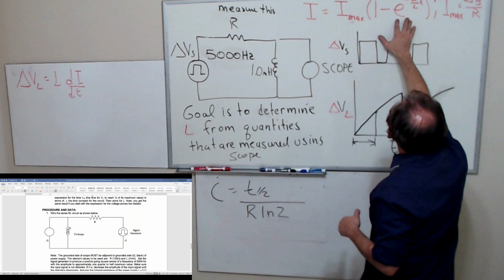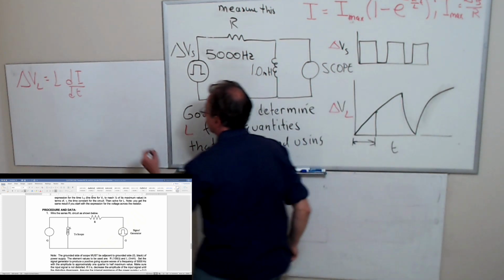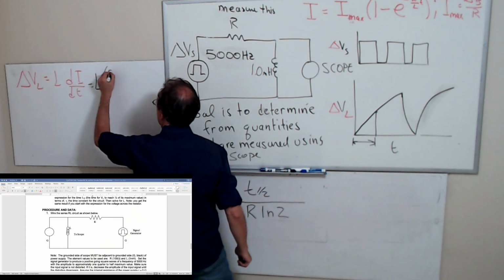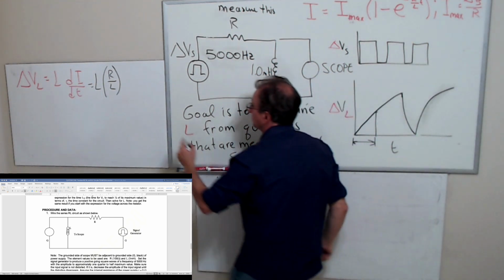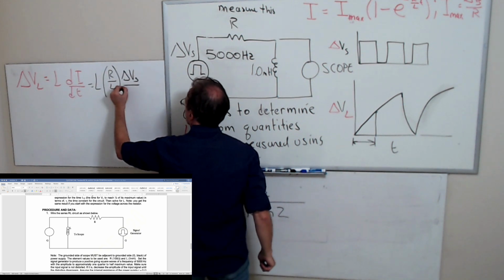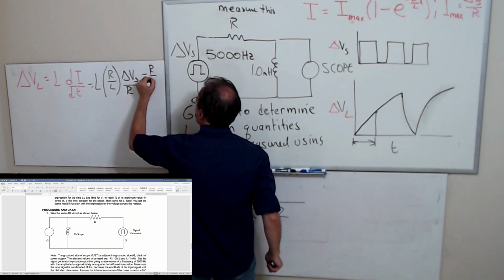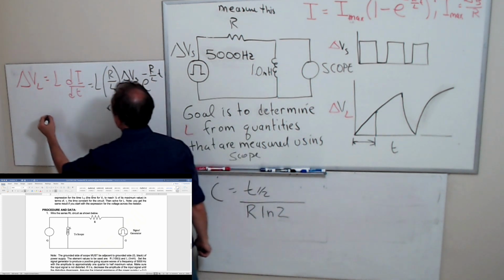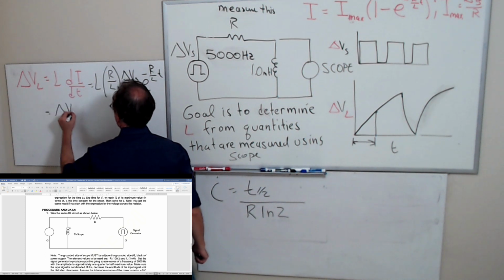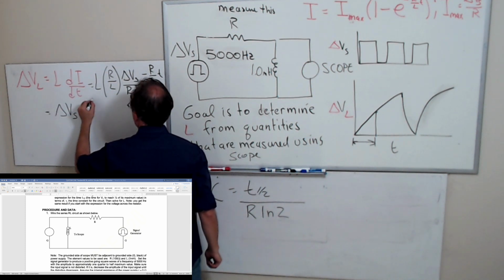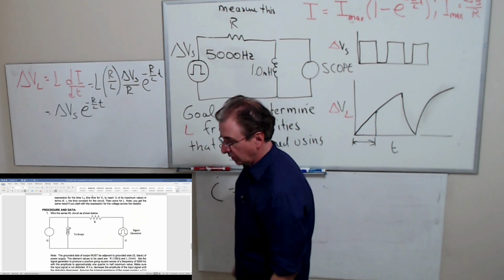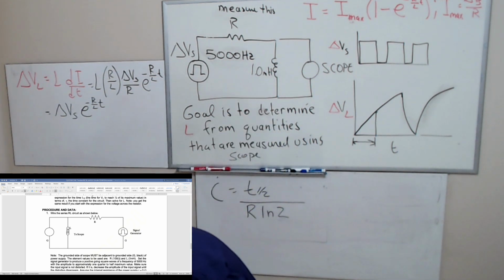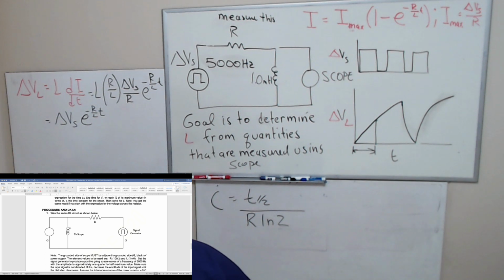When I take the derivative of this, I want to get an R over L. Then I still have my I max, which is the power supply voltage over R. And so this is going to give me that.